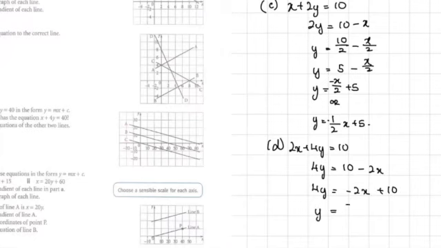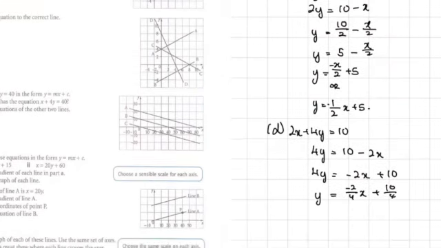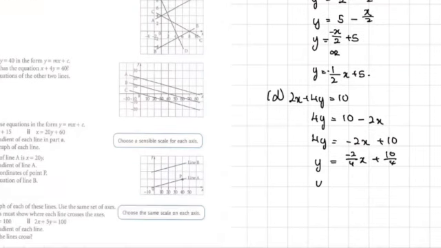Everything divided by 4: y = -2/4 x + 10/4, y = -1/2 x + 2 over 4... y = -1/2 x + 2 1/2. Try not to write it in decimal because that is a little bit confusing.